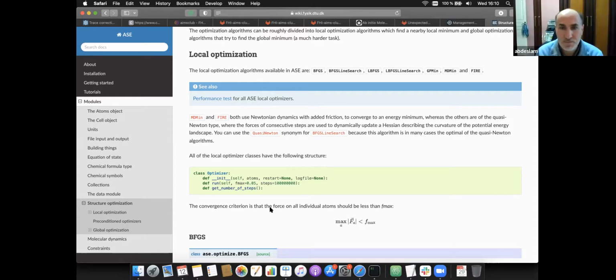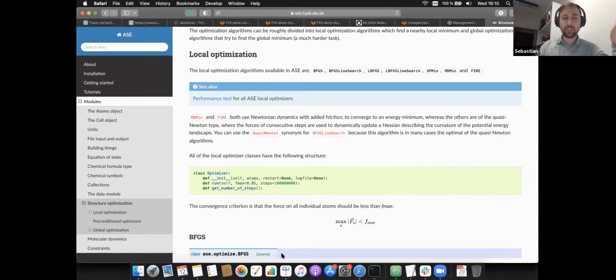Okay, I see. So it's not directly implemented in FHI-aims, but you can use ASE without any computational overhead in the optimization, basically. Okay. Thank you very much. But BFGS is a bit of a different family, right?